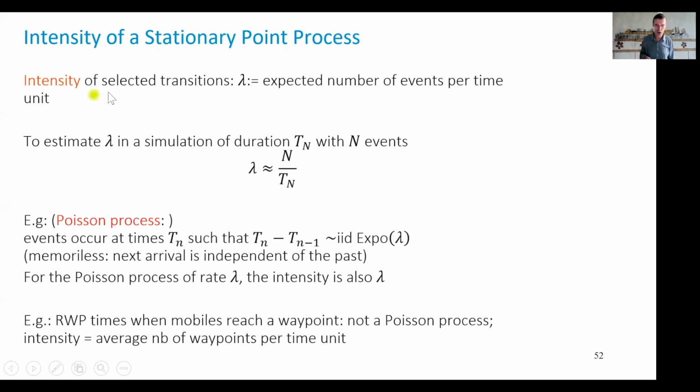Well, if we apply the definition of intensity, then we can see easily also that the lambda is exactly the same. So the rate of this exponential distribution, by the way, that's why it's called a rate, is exactly the average number of points of the Poisson process we will see over an interval of duration 1 time unit.